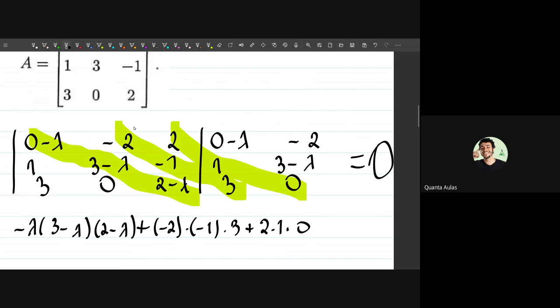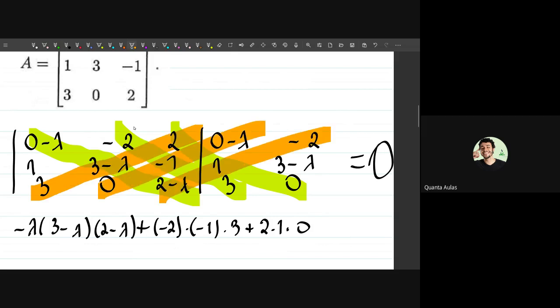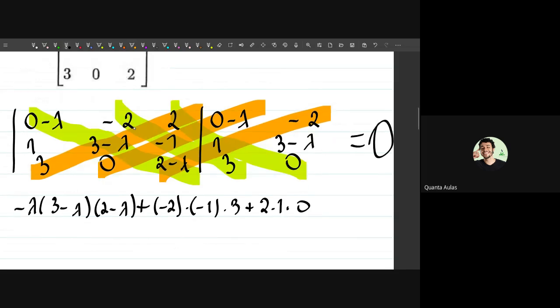So now we need to do the other diagonals like this, this, and this, okay? This is the equation of the determinant of the eigenvalues, right? So in this situation, take the secondary diagonals, the orange ones. We need to put a minus in front of our counts, right?